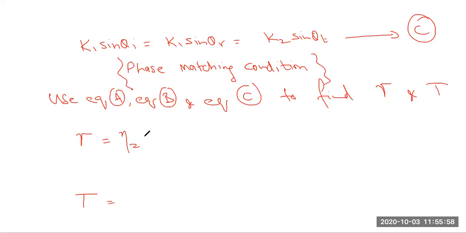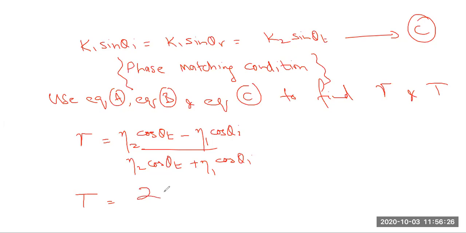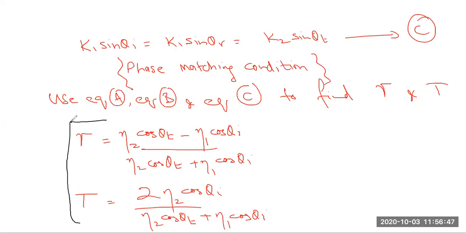Gamma is eta 2 cos theta t minus eta 1 cos theta I divided by eta 2 cos theta t plus eta 1 cos theta I, and T is equal to 2 eta 2 cos theta I divided by eta 2 cos theta t plus eta 1 cos theta I. These are equations which are valid for the parallel polarization case.